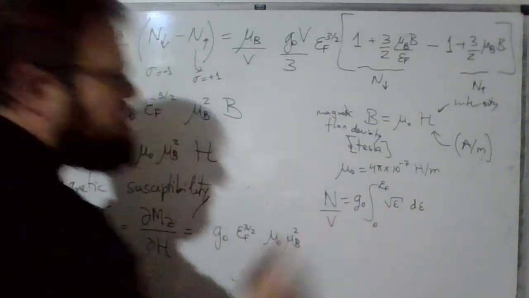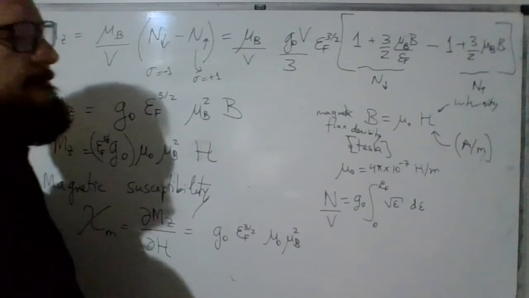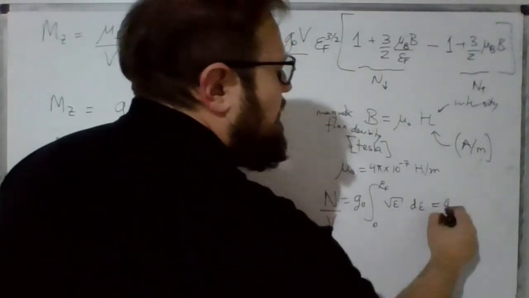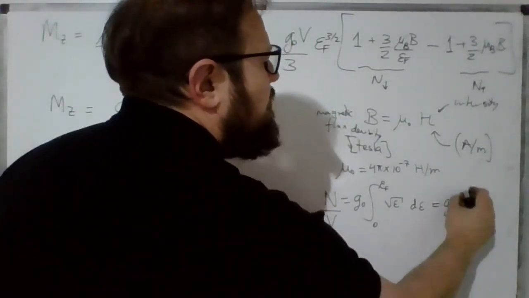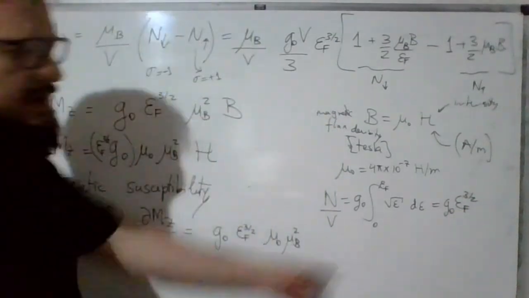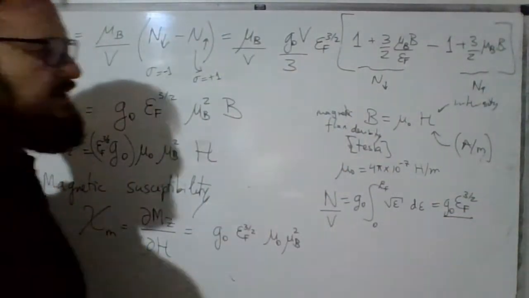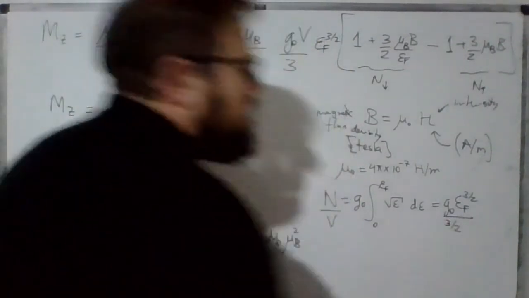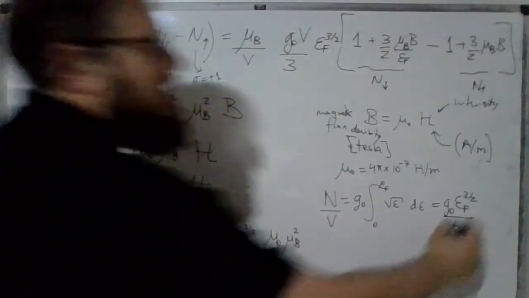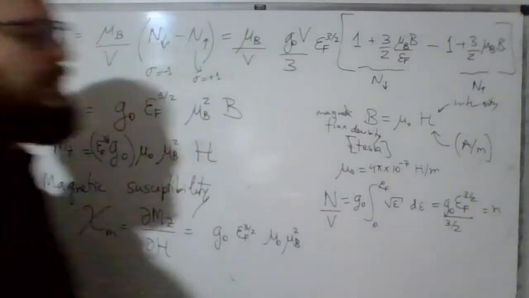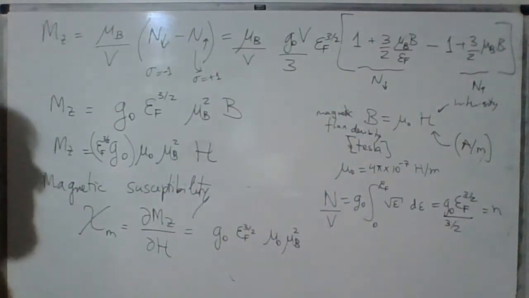So I will divide it by the volume. And this produces G0, the Fermi level to the 3/2, and it's divided by a 3/2 factor. And this is just the density of particles.